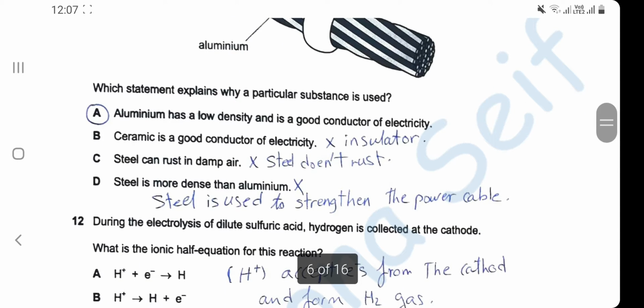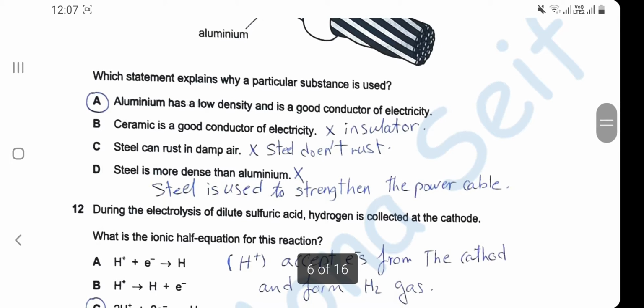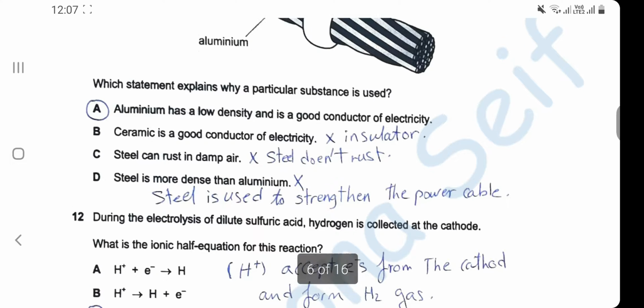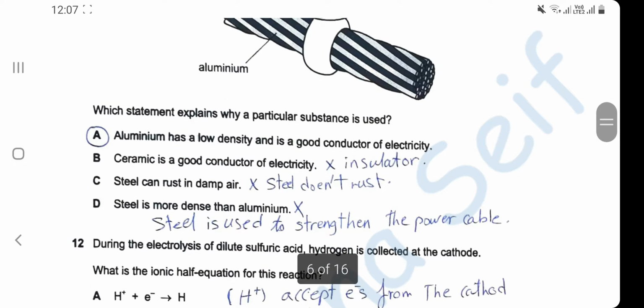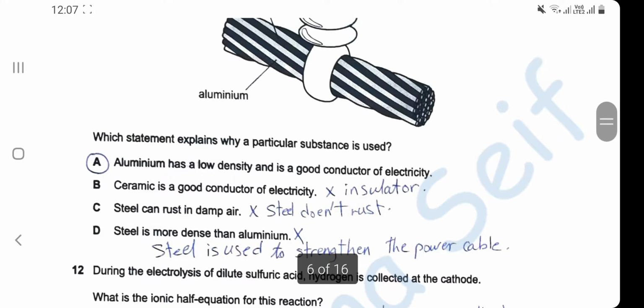Which statement explains why a particular substance is used? Aluminium has low density and is a good conductor of electricity, and this is right. Ceramic is a good conductor. This is false. Ceramic is an insulator, and that's why it is used. Steel can rust in damp air. Of course, steel will not rust because it is protected against rusting.